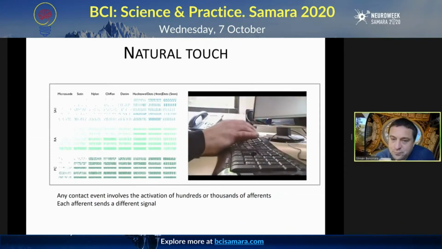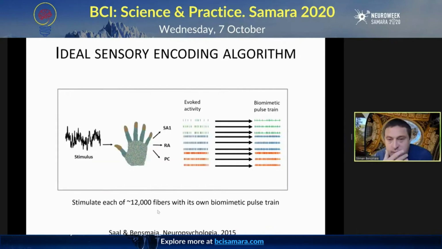And anytime you touch anything, all 12,000 of these nerve fibers are going to respond differently to that touch, depending on what type they are, where they are relative to the contact events, etc. And so you have 12,000 independent channels of information telling you what's going on when you interact with an object, and that's why the sense of touch is so rich and so useful.